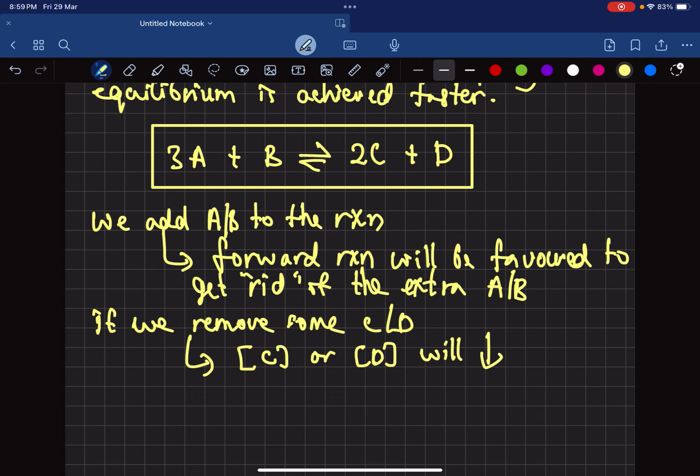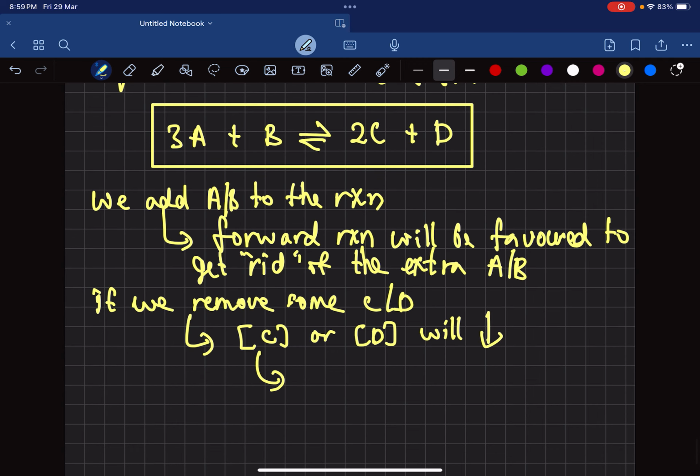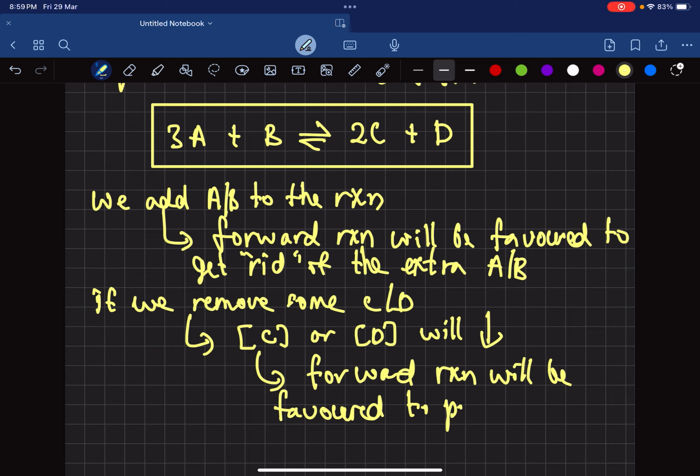So again, the forward reaction will be favored to produce more C or D.